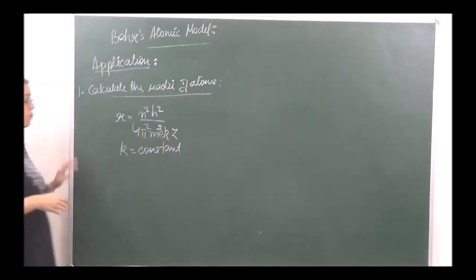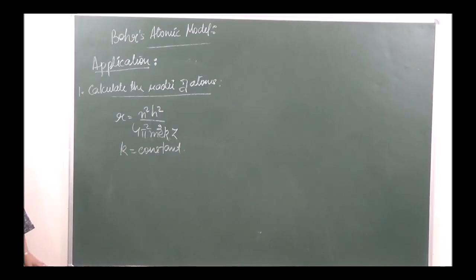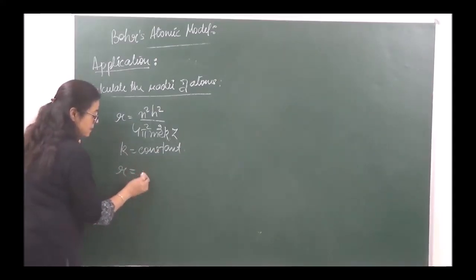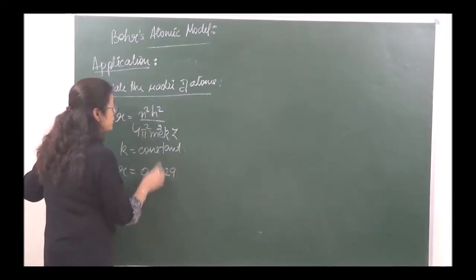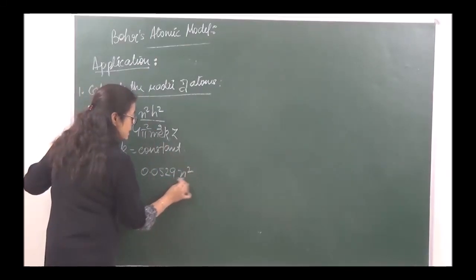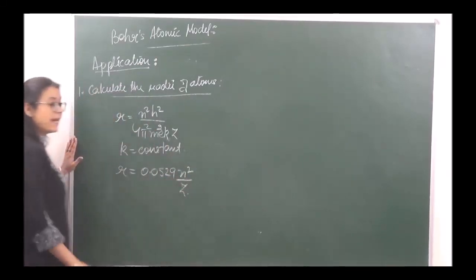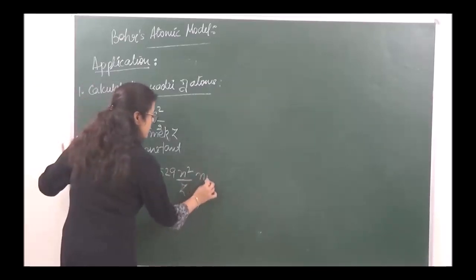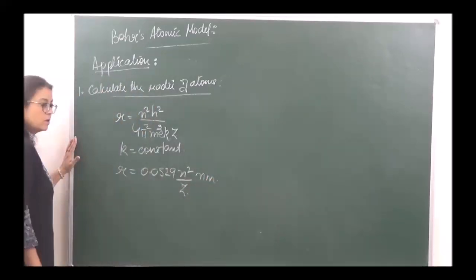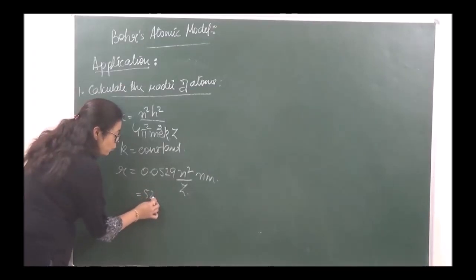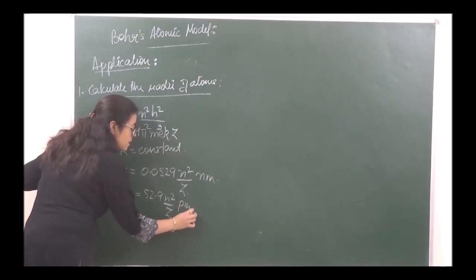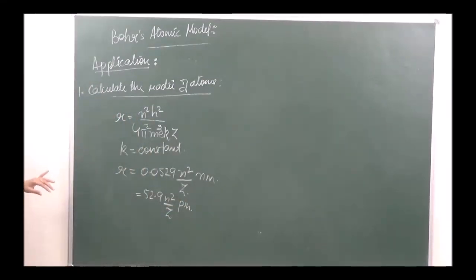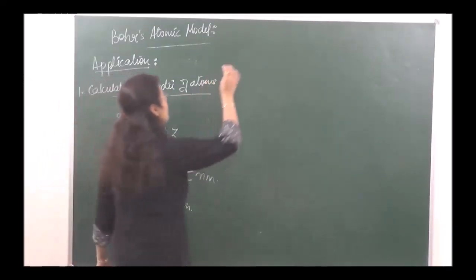By putting the values of all these, it was seen that the value of R comes to 0.0529 n square upon Z nanometers, or 52.9 n square upon Z picometers.